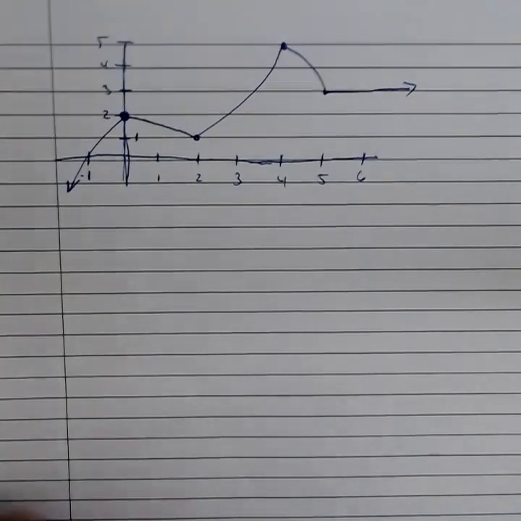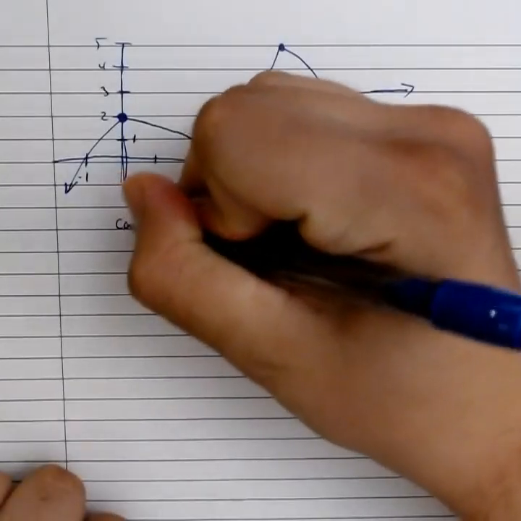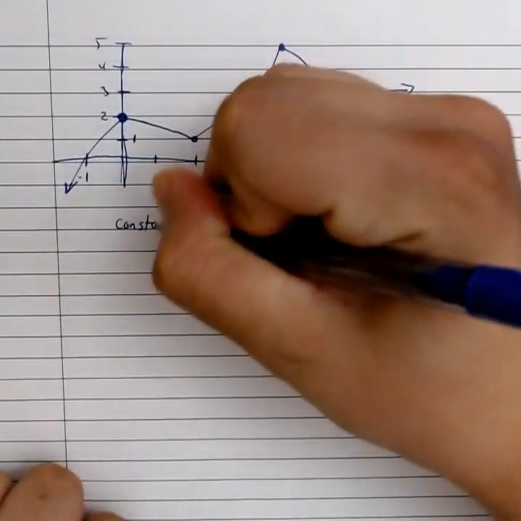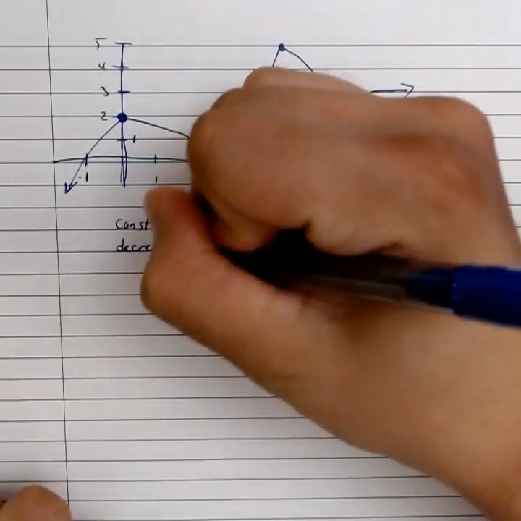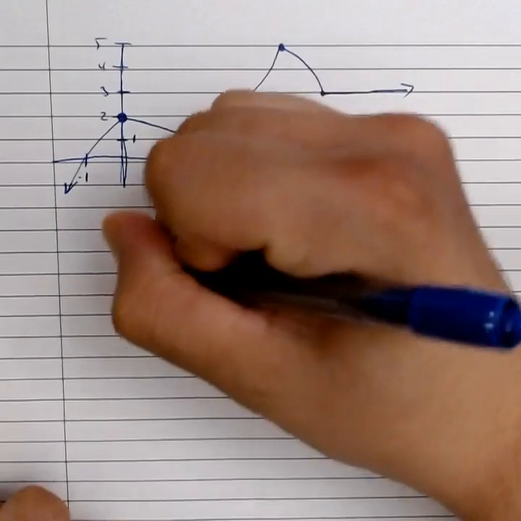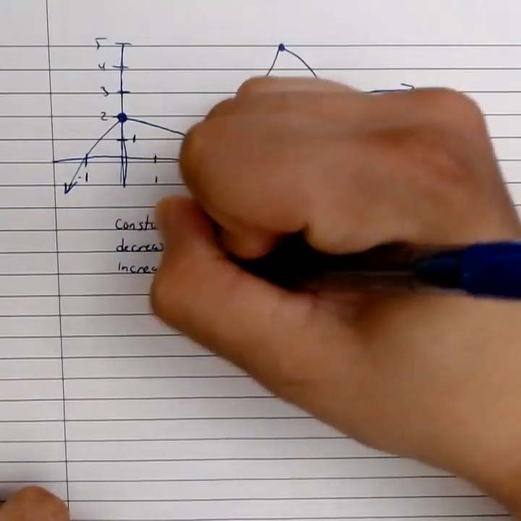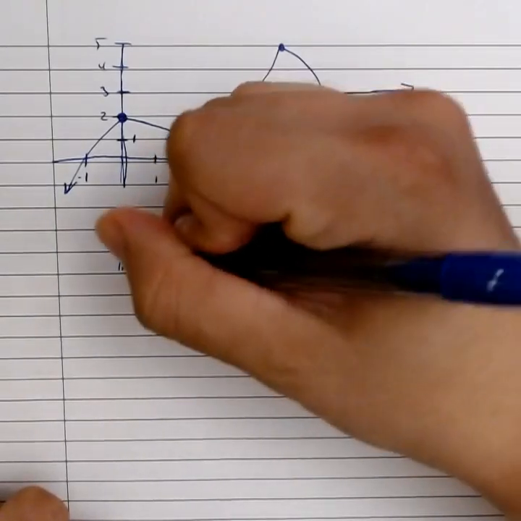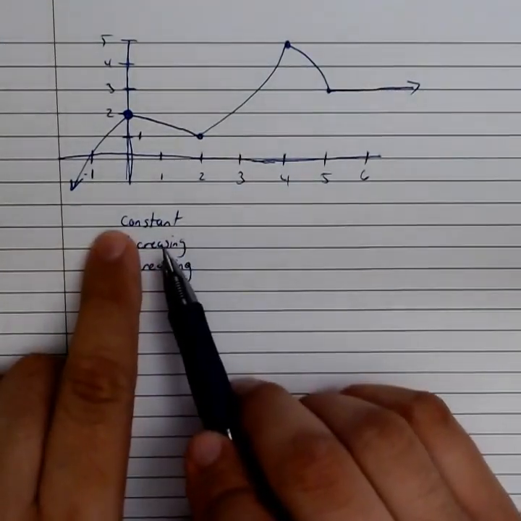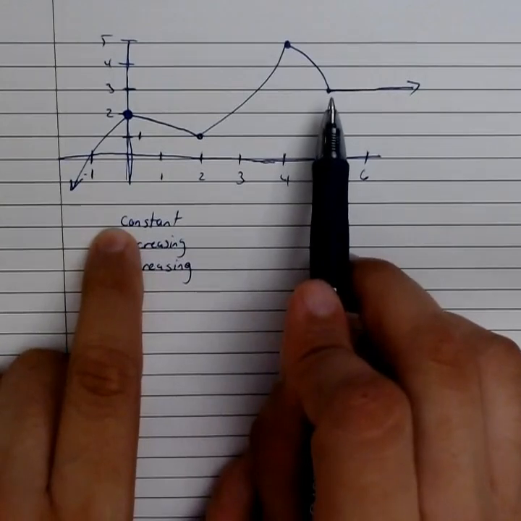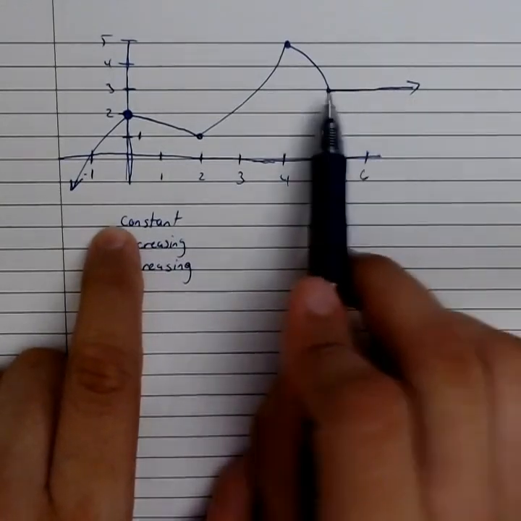Okay, so let's take a look here. Let's talk about where it's constant first, then decreasing, then increasing. There's no reason I'm doing it in this order. I have to go through all three, so I'm just going to do them in this order. So where is it constant? Well, right here. It's not going up or down. It's a perfectly flat line.